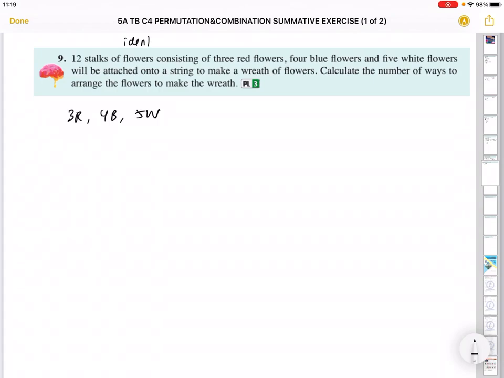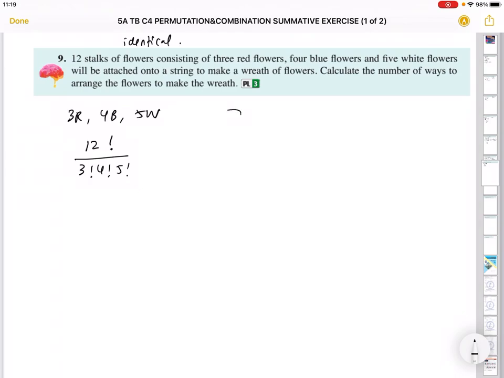Okay, they should. So now, if they are identical, normally we just say 12 factorial, then you divide by 3 factorial, 4 factorial, 5 factorial. But 2 things to consider now. Number 1, because you're arranging them in a circle, there are 12 different positions I can put them, and the arrangement will be identical in a way.